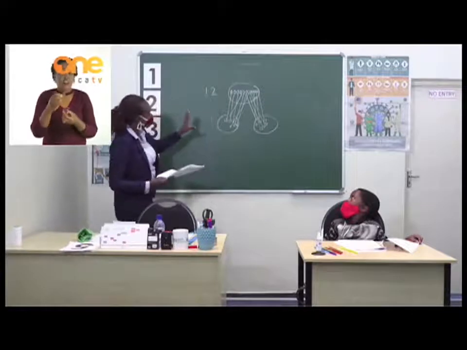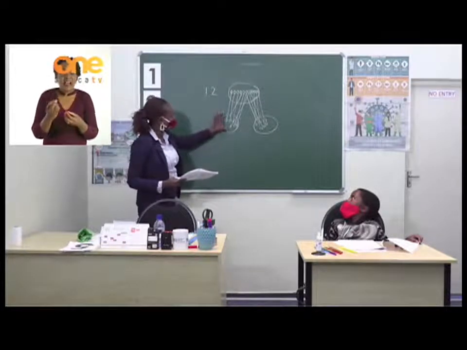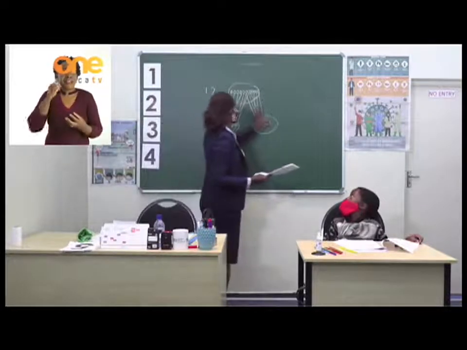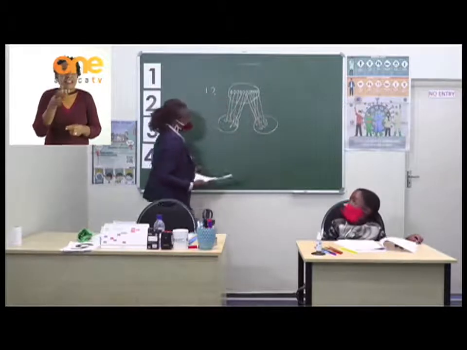So it means Tom will get 6 and Jerry will get 6 as well.